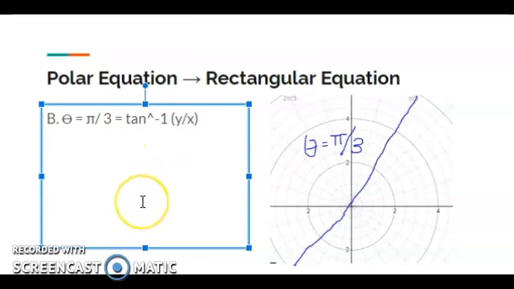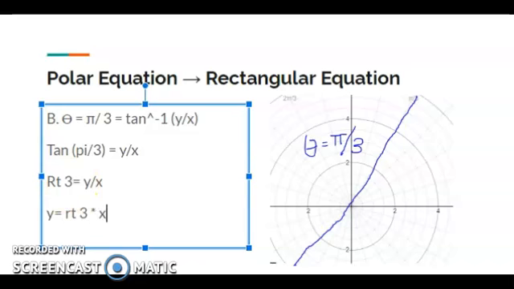So tan of pi over 3 equals y over x. And now we just find the tan of pi over 3. Well, the tan of pi over 3 is root 3. So root 3 equals y over x. This means that y equals root 3 times x.